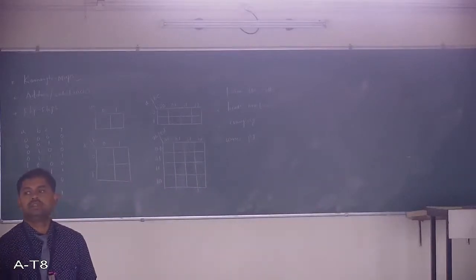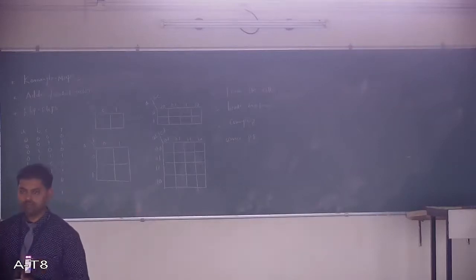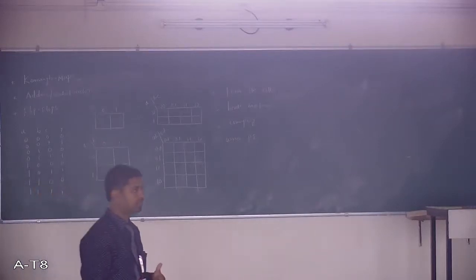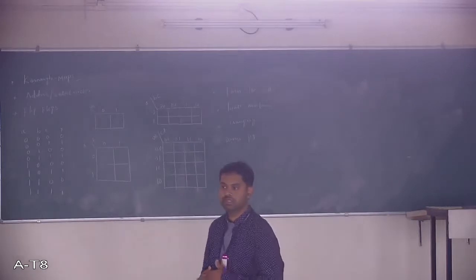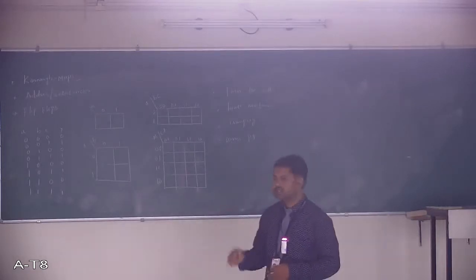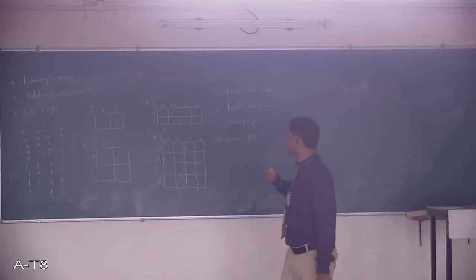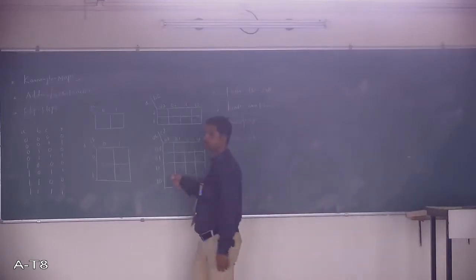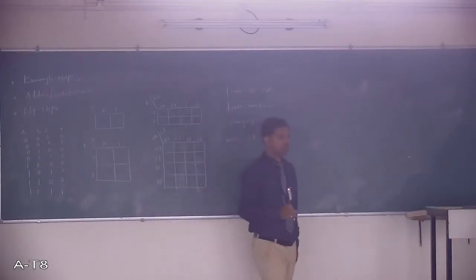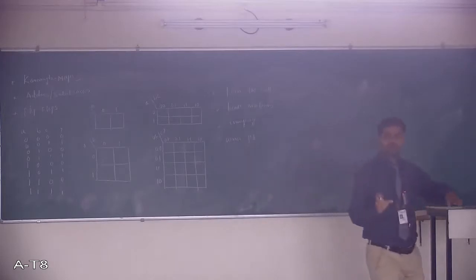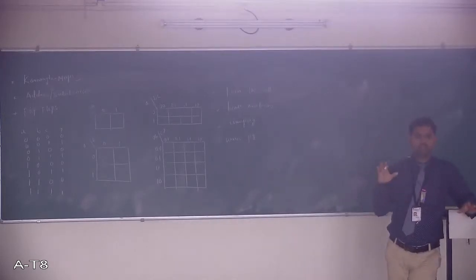Apart from this I also have many more methods, which we'll study later in the upcoming semesters. So we'll go with the K-map, Karnaugh map. Here the procedure is very simple. If you want to draw the K-map, first check how many inputs your logical expression has.